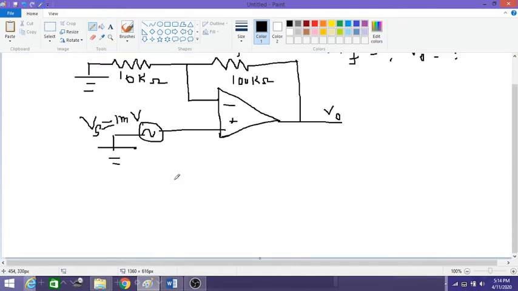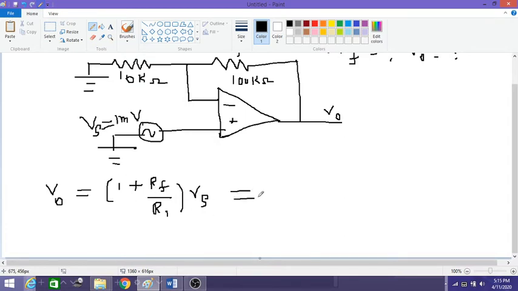So let us take the non-inverting amplifier equation, that is given by V0 is equal to 1 plus RF by R1 into Vs. So straight away we can substitute all the values in this equation.